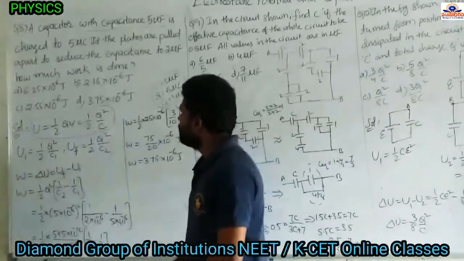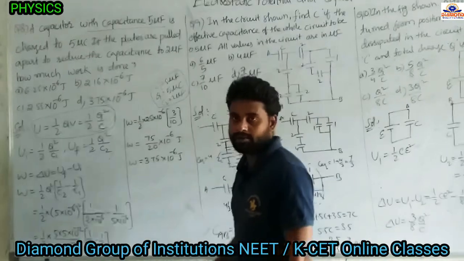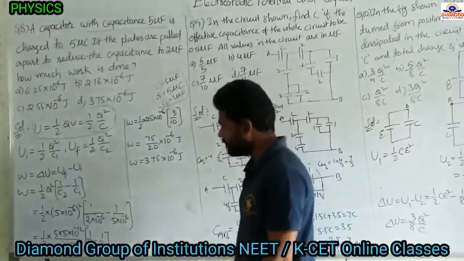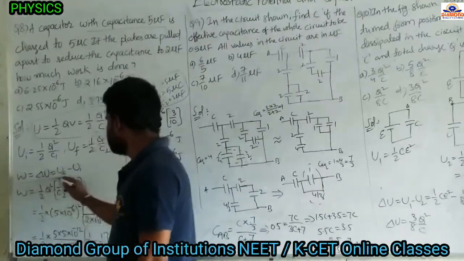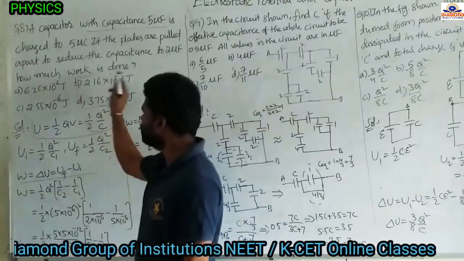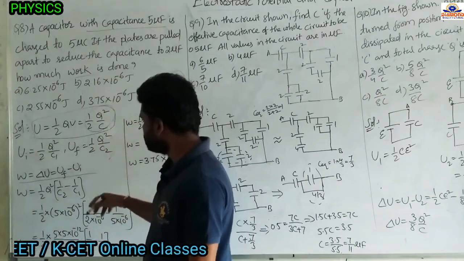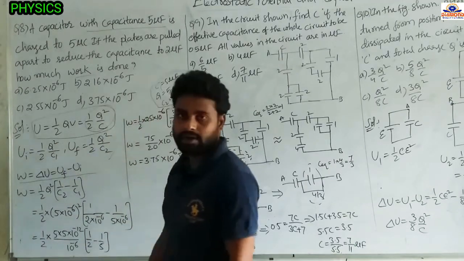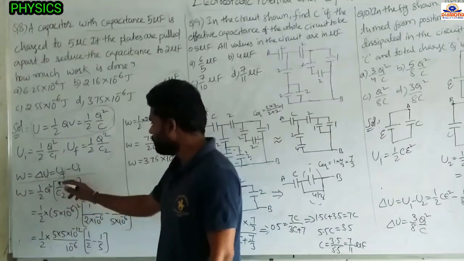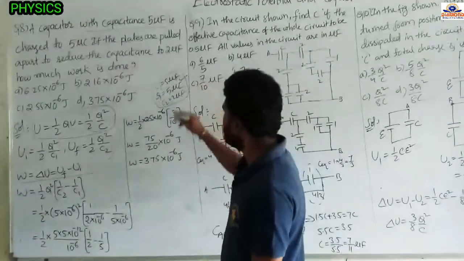So now, the work done to reduce the capacitance value from 5 microfarads to 2 microfarads equals the change in the potential energy. Now, how much work we have to find: final is half Q square by C2, initially it is half Q square by C1. Half Q square is common here, times 1 by C2 minus 1 by C1, half into Q value, the charge value is 5 microcoulombs.